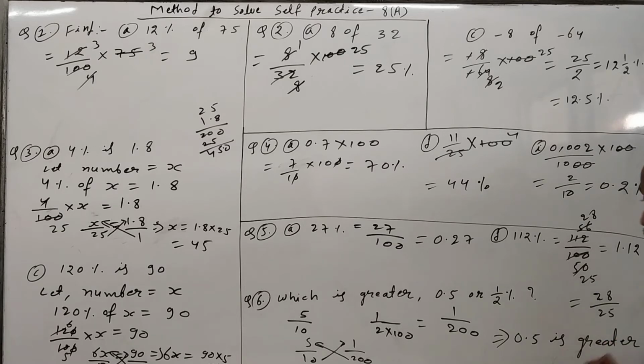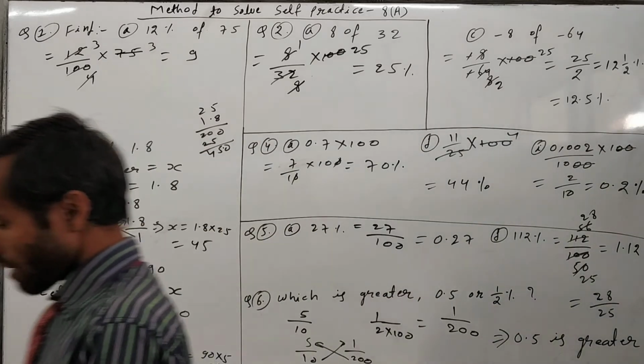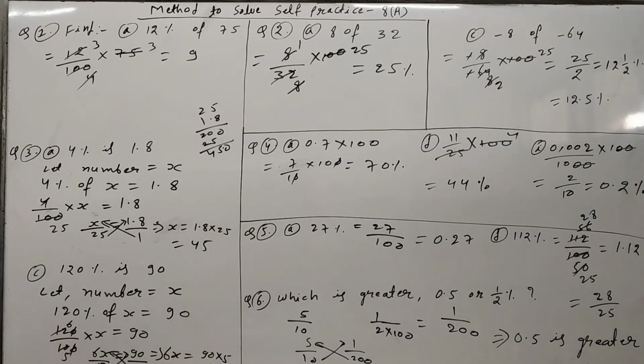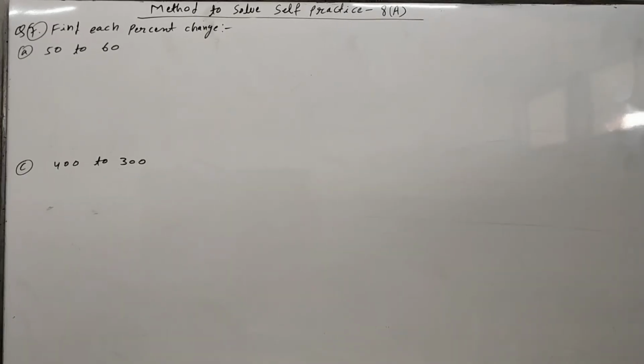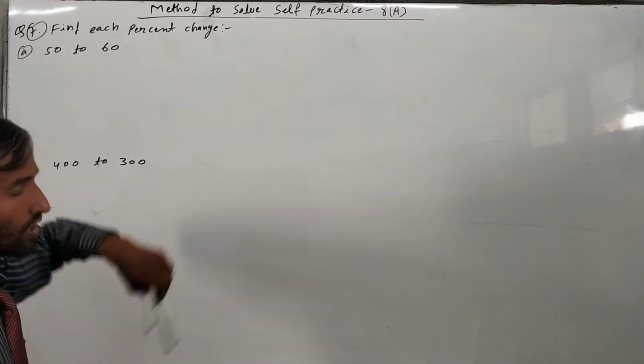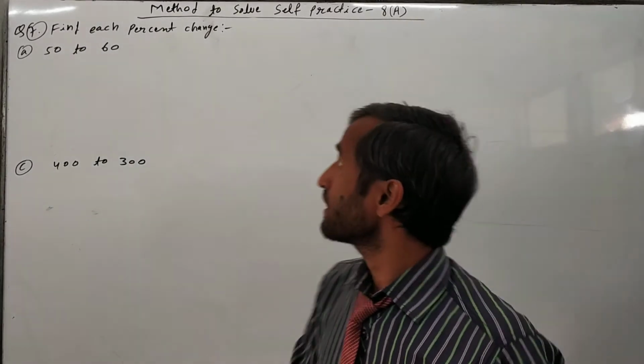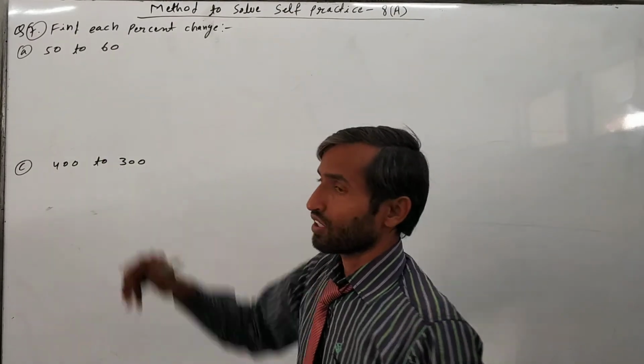Okay, now we have to do question number 7. So how will we do question number 7? Just read the question number 7. In question 7, find the percentage change. Means the previous value is 50. Now we have changed it into 60. So how much percentage change is there?